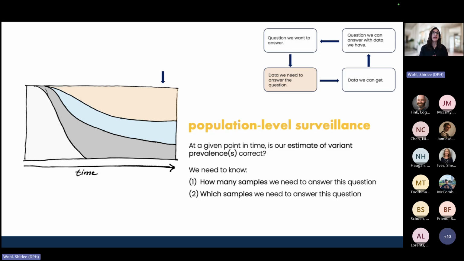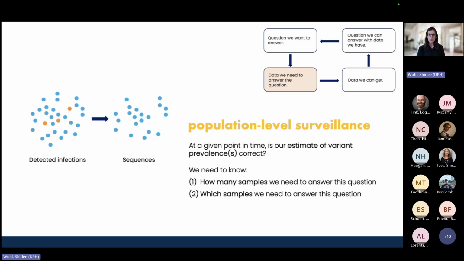Instead of asking yes or no, is the orange variant here, it may be a question of whether I'm able to estimate its prevalence. So when I find that it's 10% in the population, is it actually 10% in the population? The same framework that I just presented in the PhyloSAMP package answers that question as well.